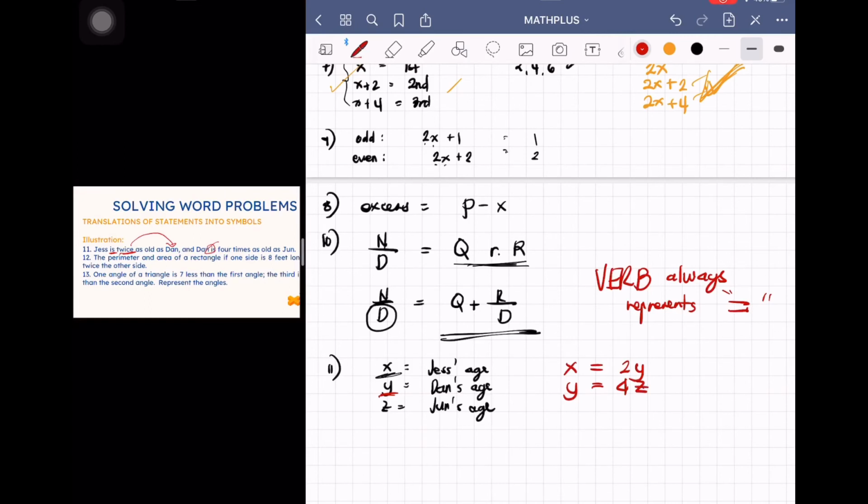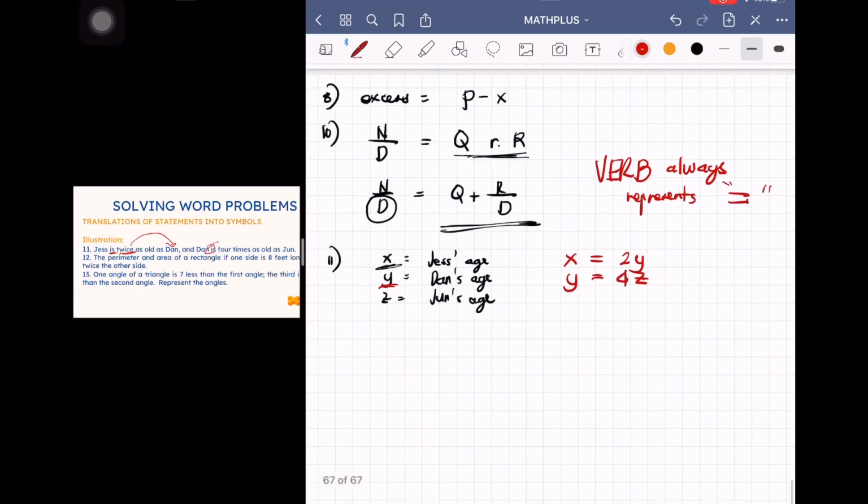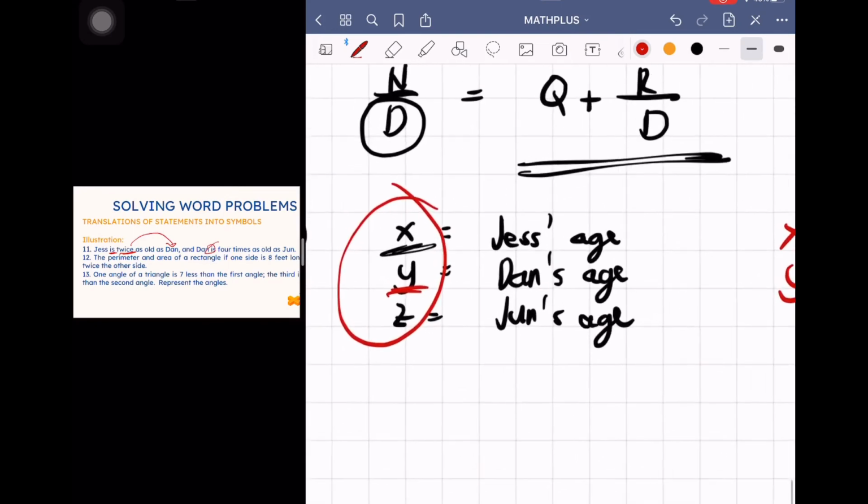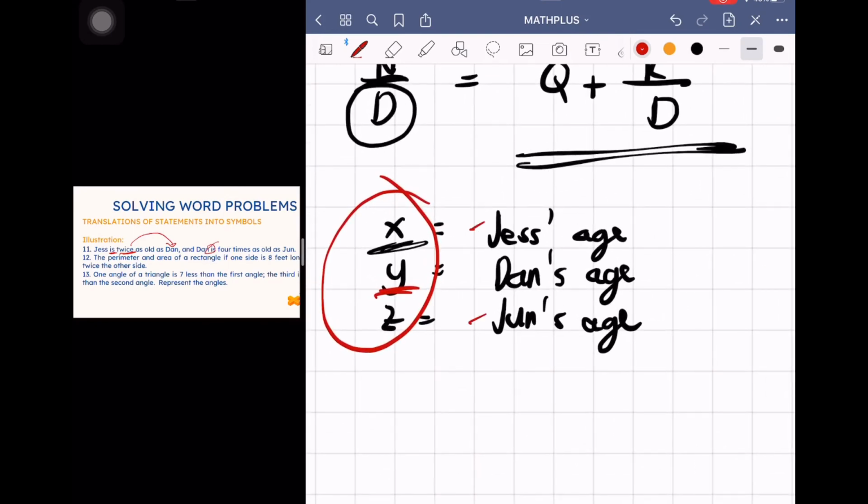Okay? There are times it's more convenient to use the initials of the subjects as your symbols. Instead of using the traditional XYZ, you can actually use the first letters of the names being mentioned. Pero, of course, in cases wherein may mga pangalan na parehas ang initial letters, kayo na po ang bahalang mag-symbol.